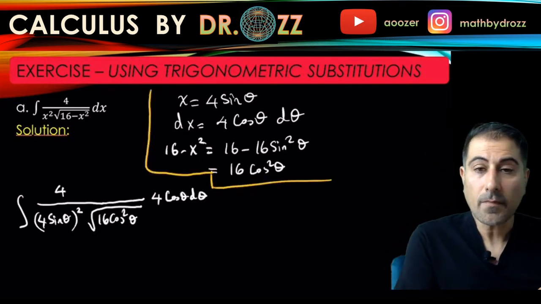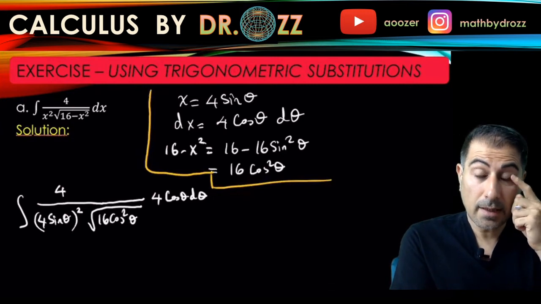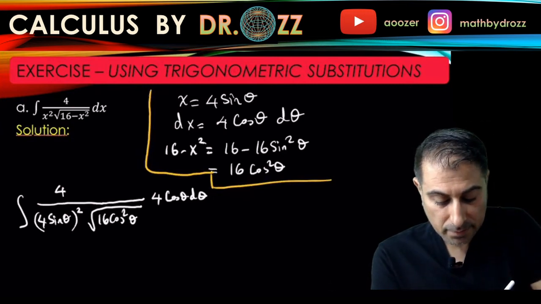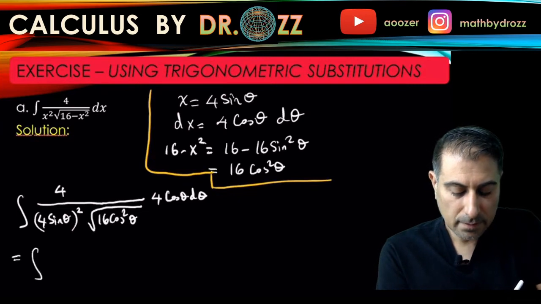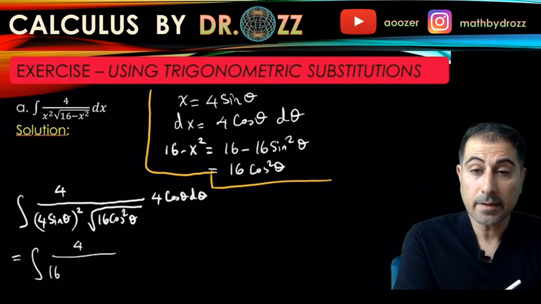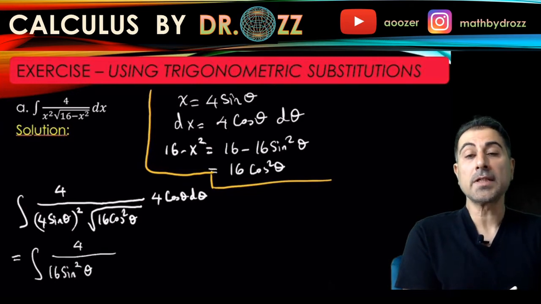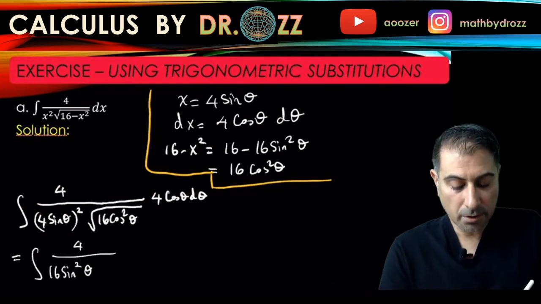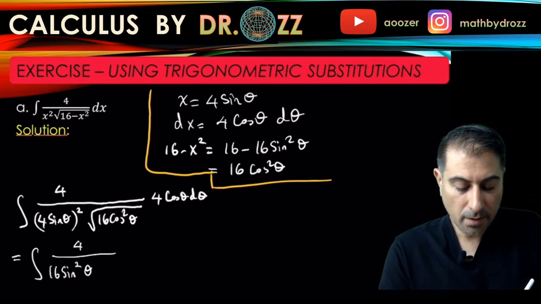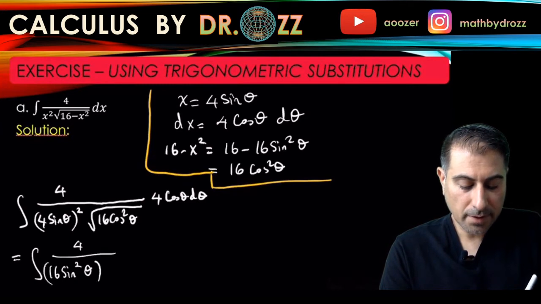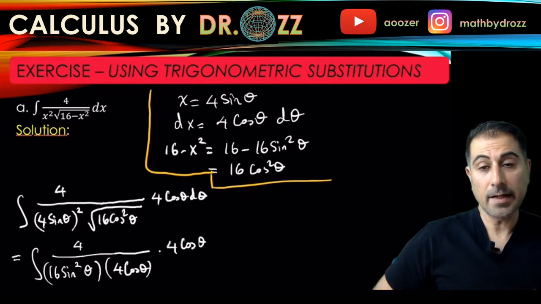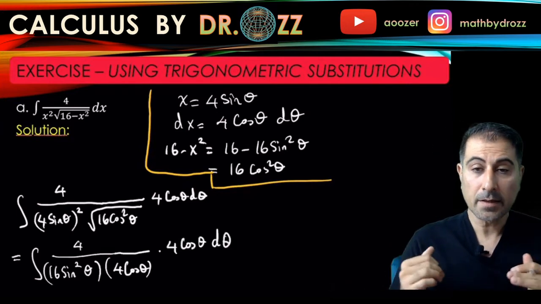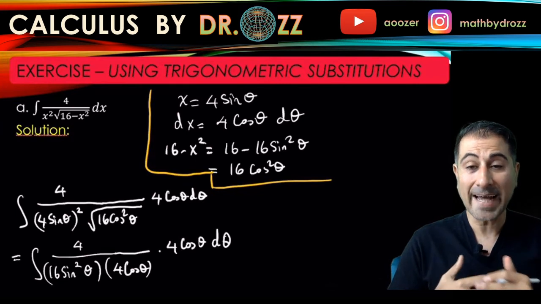Let's try to simplify this. This is equal to 16 sine squared theta, and the radical of 16 cosine squared theta is just 4 cosine theta, and then this is all multiplied by 4 cosine theta d theta. As you see, everything is written in terms of theta and there's no x anymore.